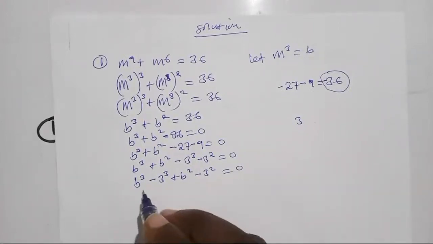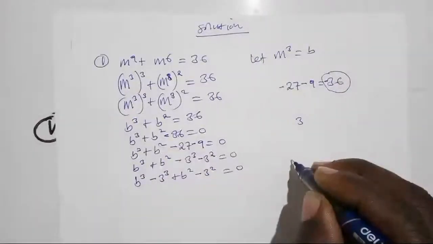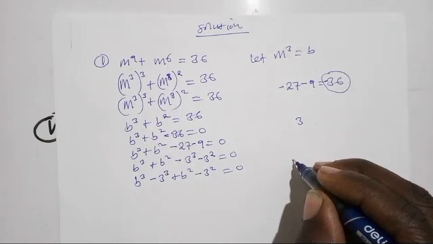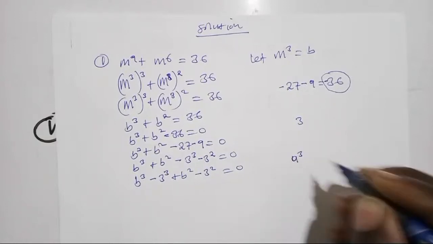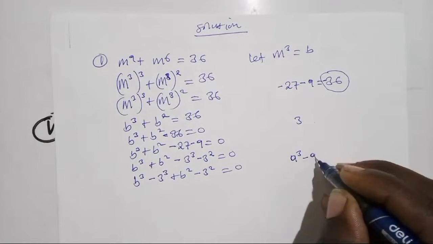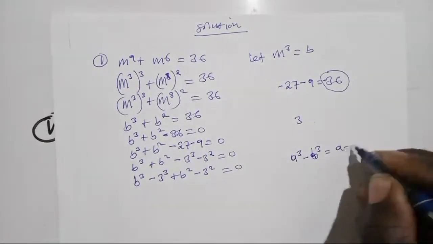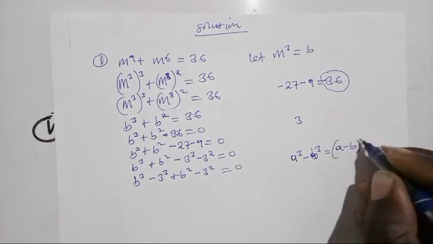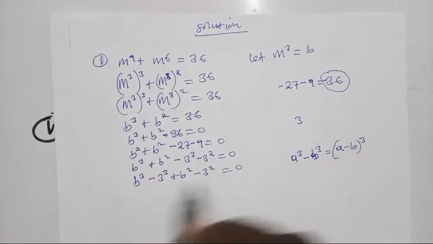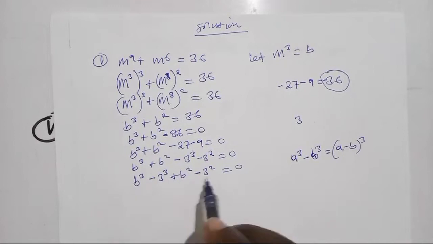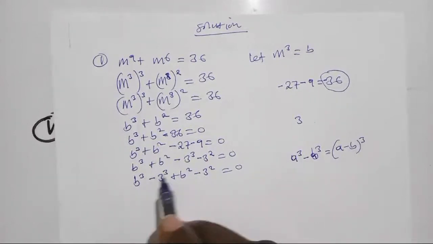Then here, it is same as, if you have numbers which have got the same power, a power 3 minus b power 3, this one should be equals to a minus b in the bracket, then power 3, because this equation has got the same power.